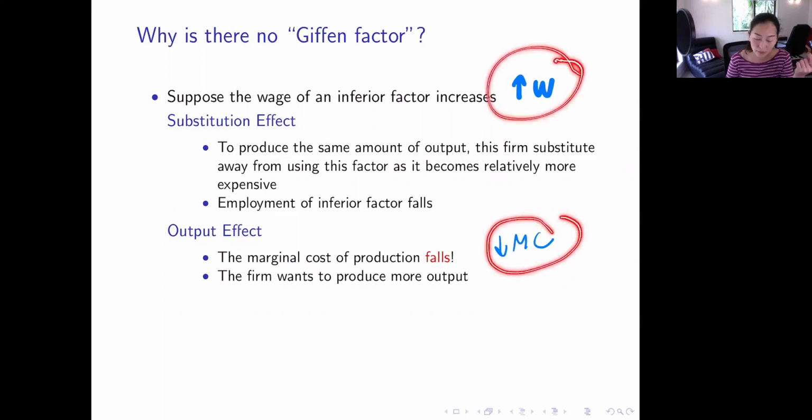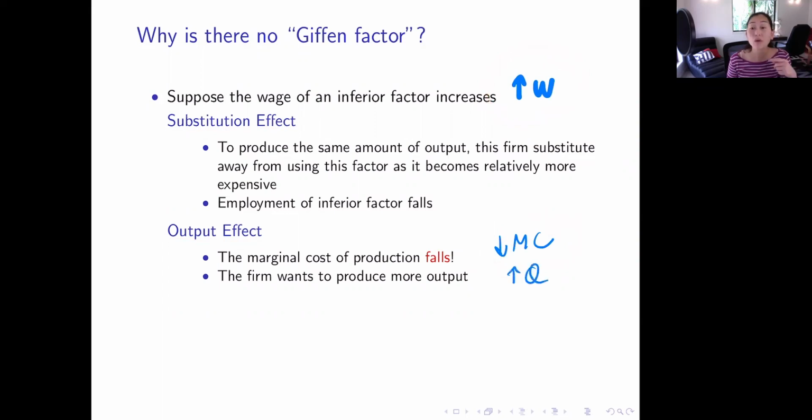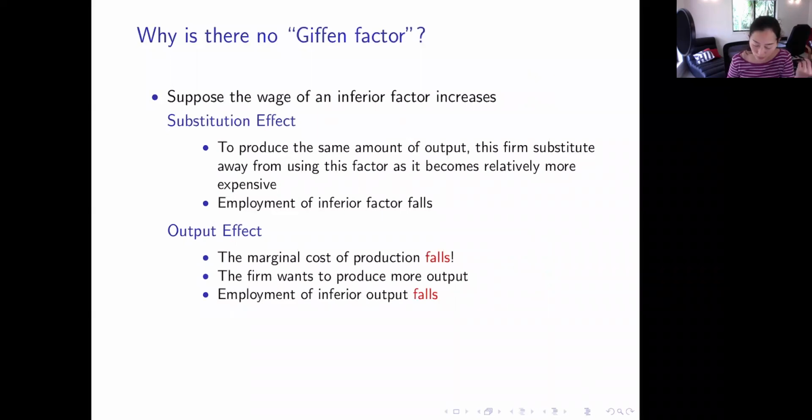Lower marginal cost means incentive to produce more. And then when you produce more, because of the inferior input, so I think there is a typo here. It should be inferior input, not inferior output. The employment of inferior input would fall.